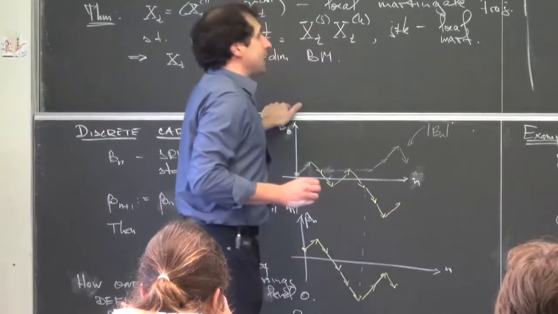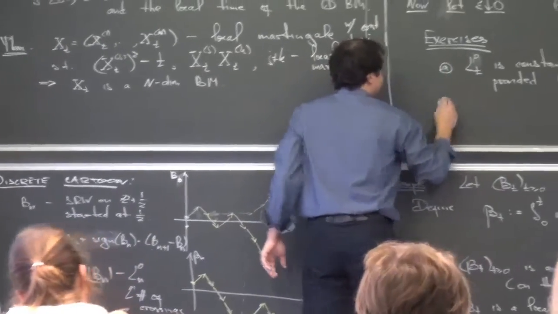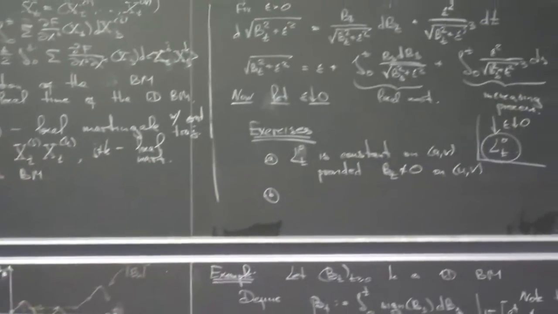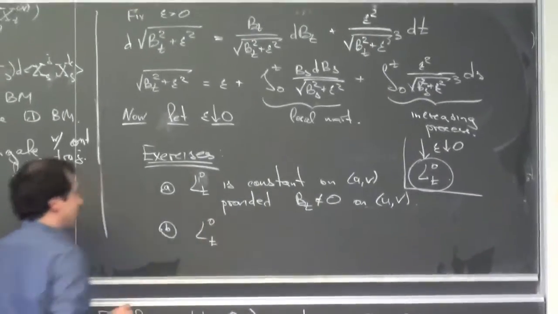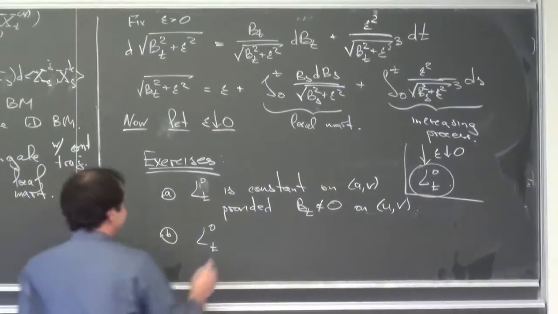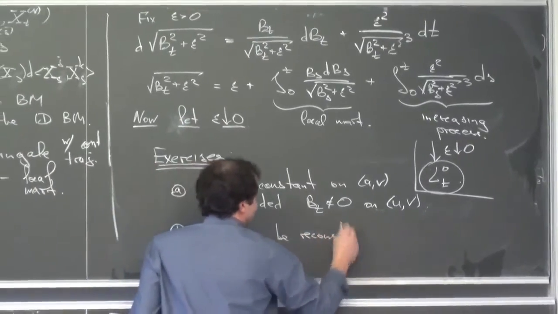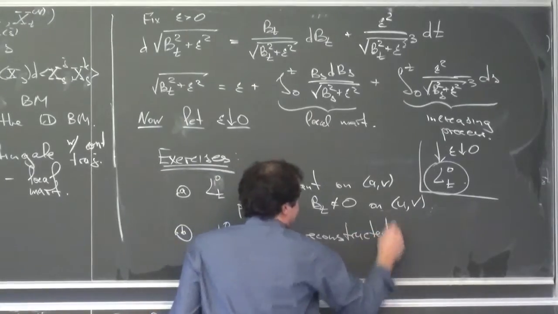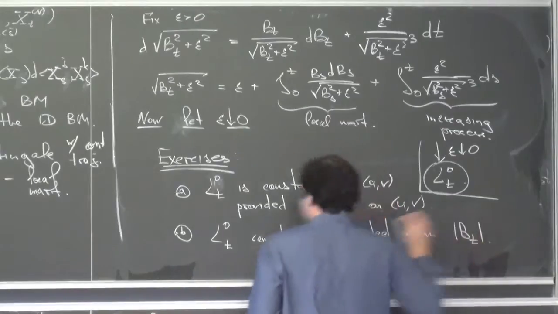Okay, good. So this is A. Then B. Again, this is in exercises: that this can actually be reconstructed from the absolute value of B_t.